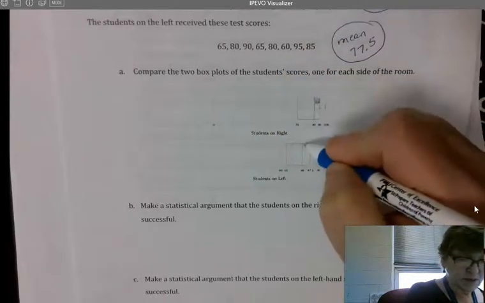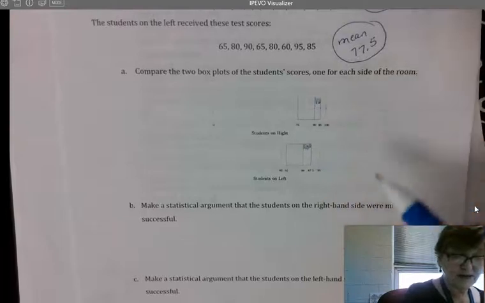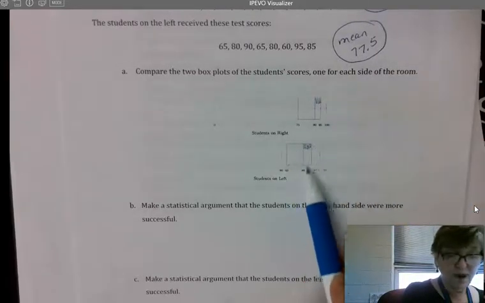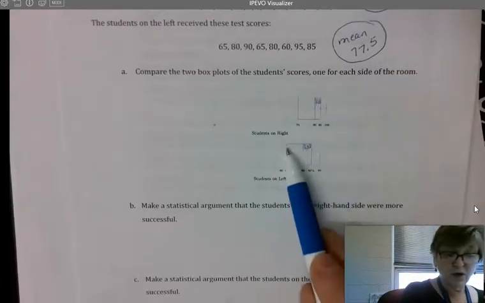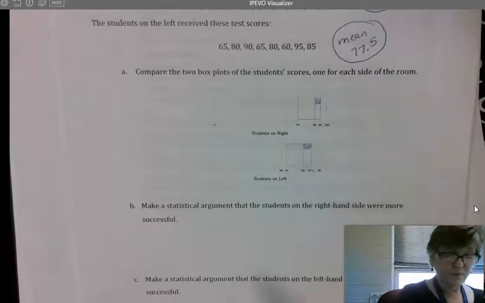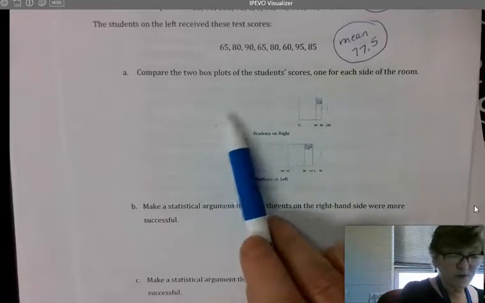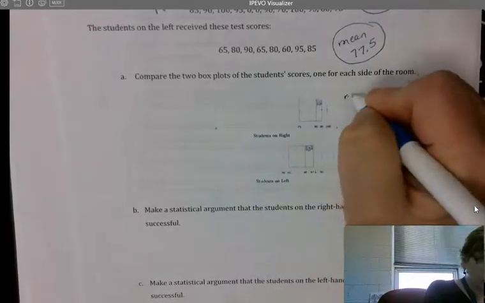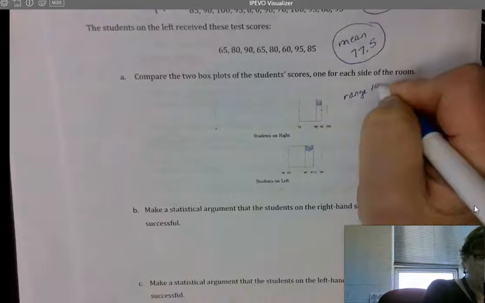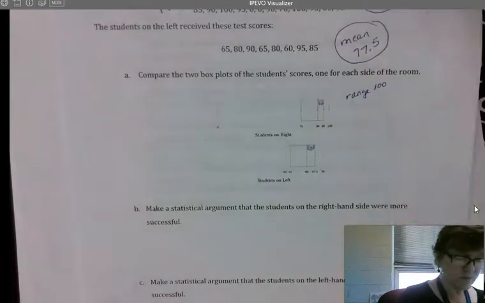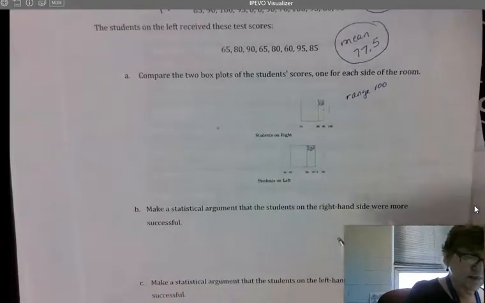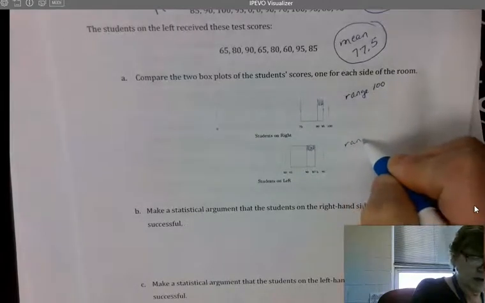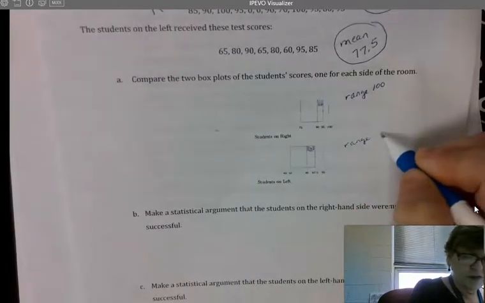Looks like that one's a little bit smaller, but there's not a major difference. The box part here is a little bit larger of an area, but this one has a very large range. It has a range of 100, and this one has a much smaller range of 35.